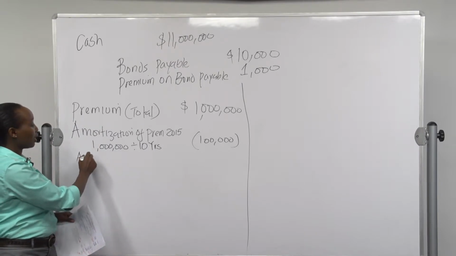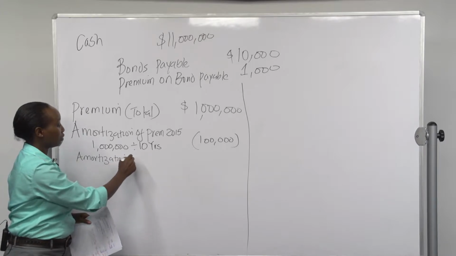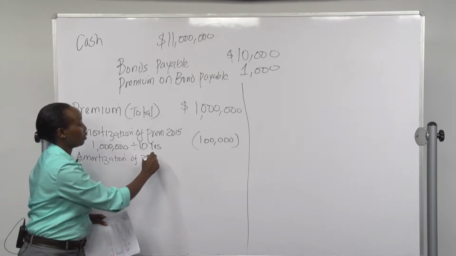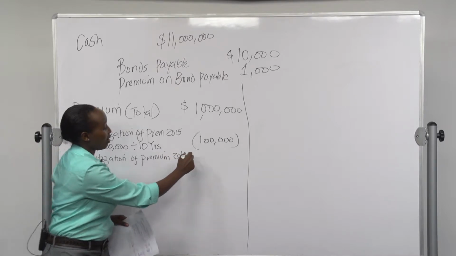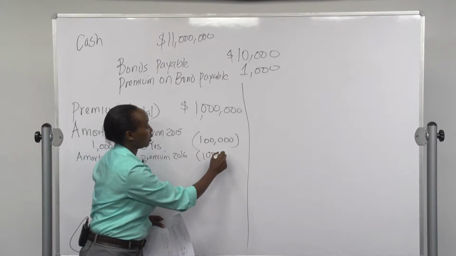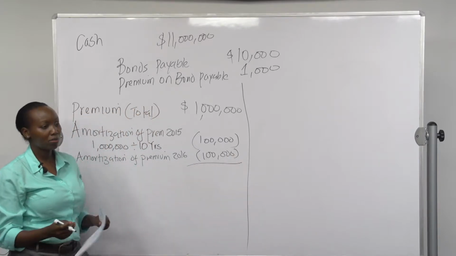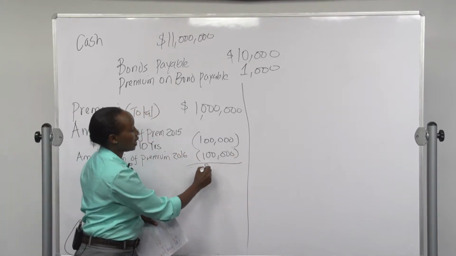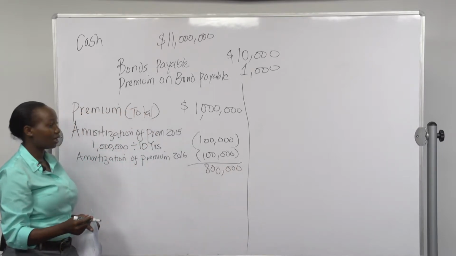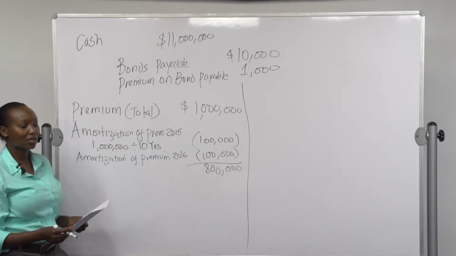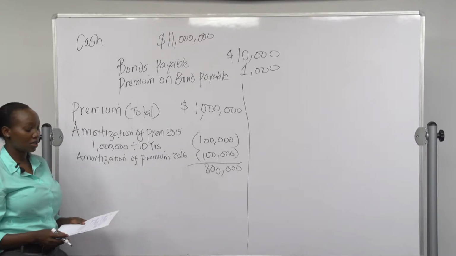In 2016, we had another amortization of the same amount, another 100,000. At the end of 2016, the premium is down to 800,000. That's the total premium for all the bonds.